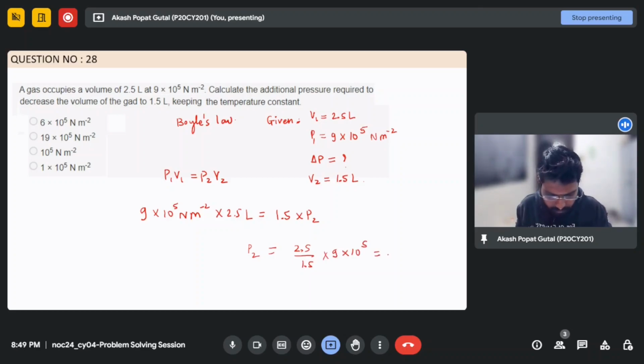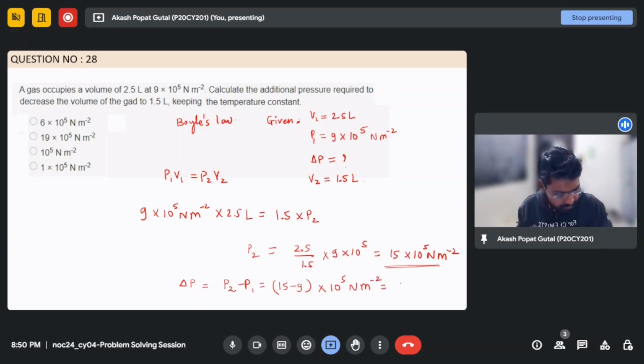That gives the answer 15 into 10 raised to 5 Newton per meter square. Since we need to calculate the additional pressure required, it is P2 minus P1, which is 15 minus 9 into 10 raised to 5, nothing but 6 into 10 raised to 5 Newton per meter square. So option A.